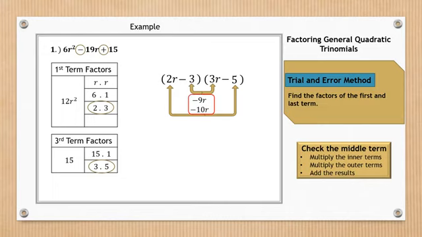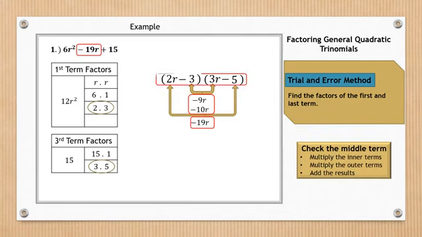So, what is the result? Negative 9r plus negative 10r is negative 19r. So, you check: negative 19. That's it. The same. We got it now.